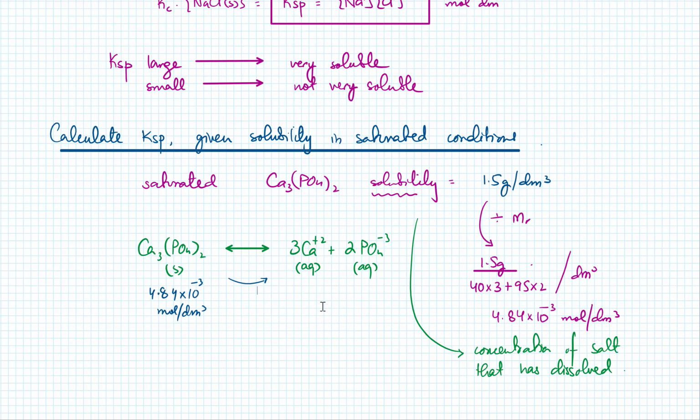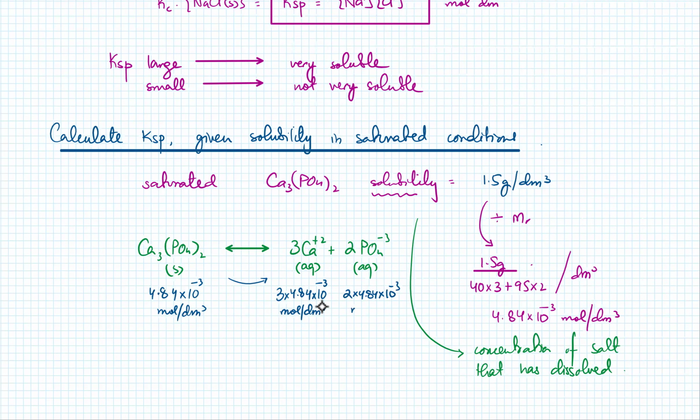So it's going to be 1:3, right? So multiply this by 3. The concentration of calcium ions would be 3 times 4.84 times 10 to the power minus 3. Is that clear? And the concentration of phosphate ions would be 2 times 4.84 times 10 to the power minus 3.